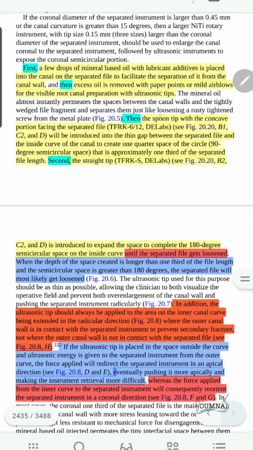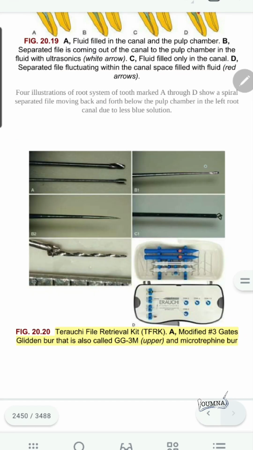Then we insert the ultrasonic file, which has a spoon tip, and its concave portion is facing the separated file. This is the spoon ultrasonic tip. The concavity will face the separated file, and the convexity is facing the canal wall.